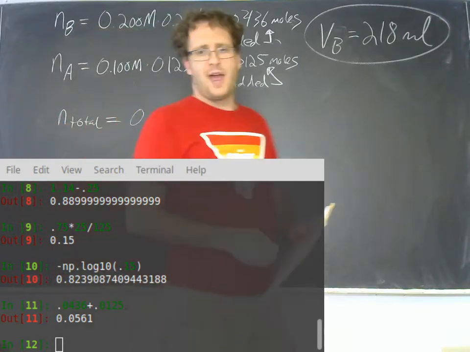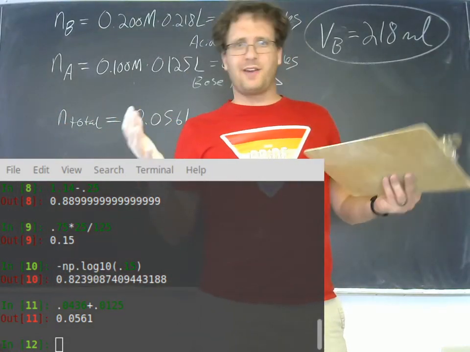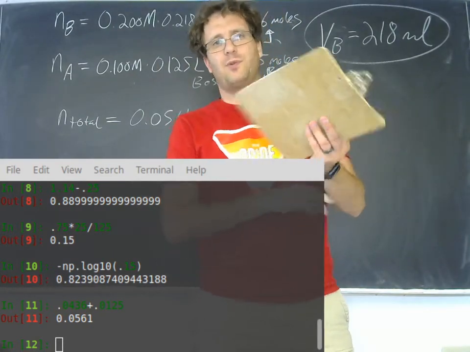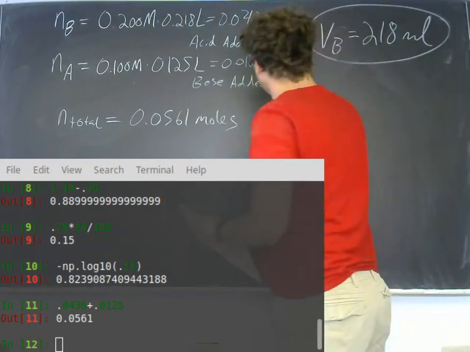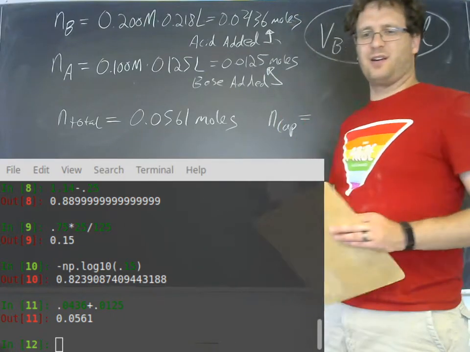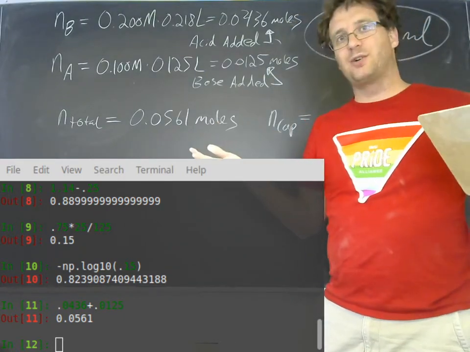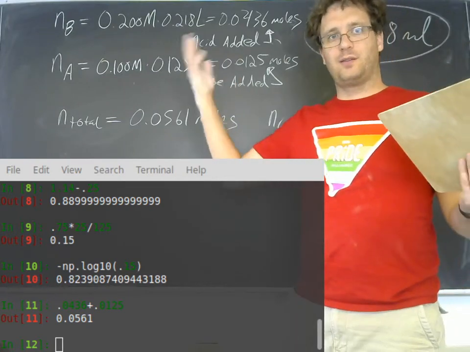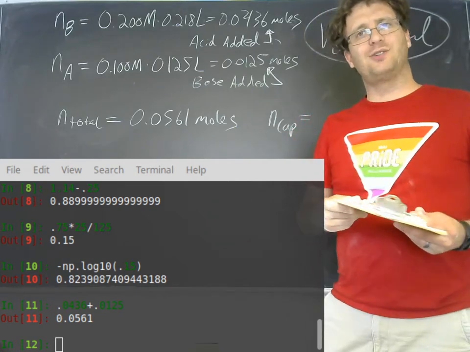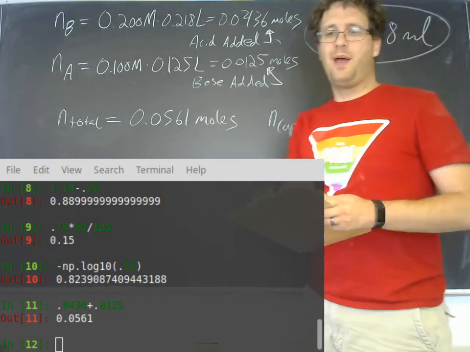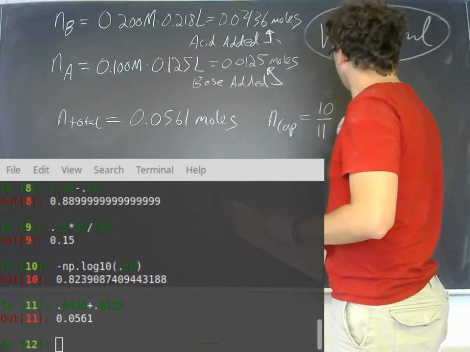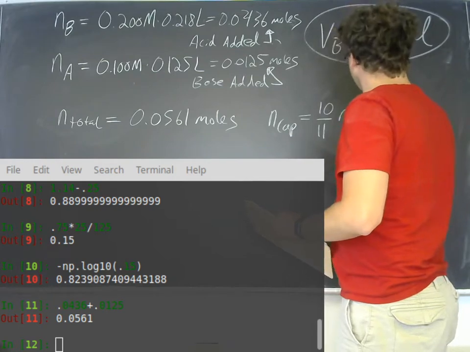And then if you followed the derivation that I did in lecture, you would have realized that what we'll call N capacity, the maximum amount of base you could have before you exceed that 10/1 limit, or the maximum amount of acid you could have before you exceed the 1/10 limit, is actually 10/11 N total.